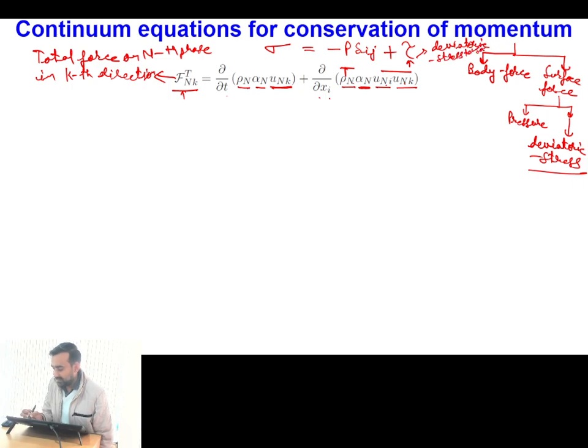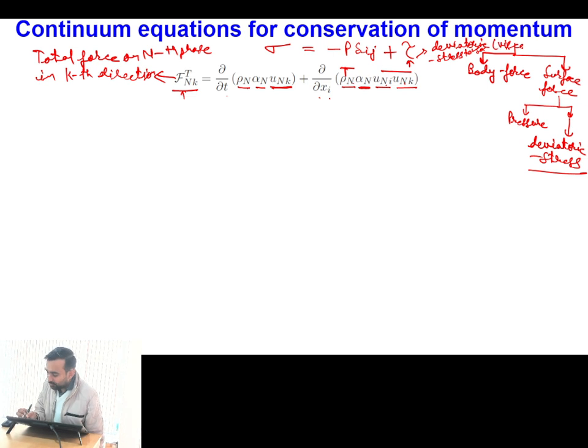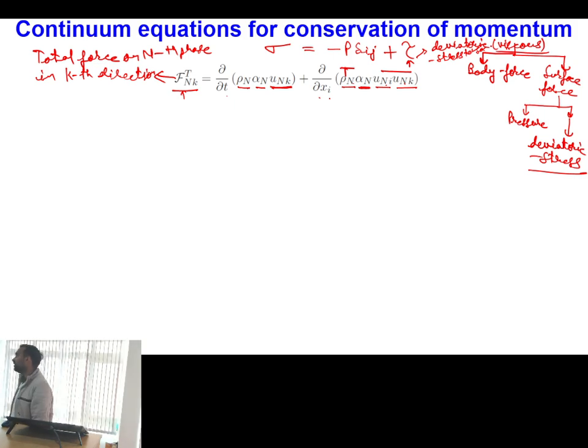Is this point clear? And this deviatoric stress tensor only comes into play when we have fluid in motion. So it means this comes because of the viscous component of the fluid. So this comes because of the viscosity of the fluid. Is this point clear? Are all clear with this idea?